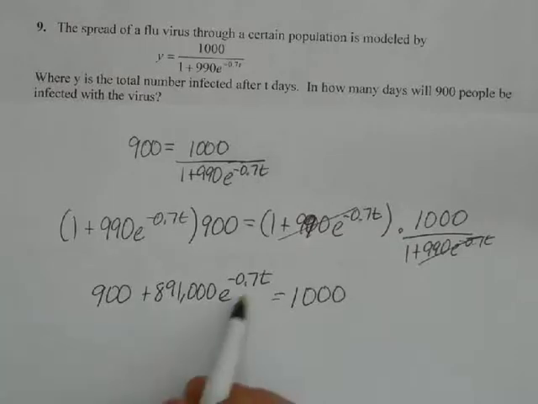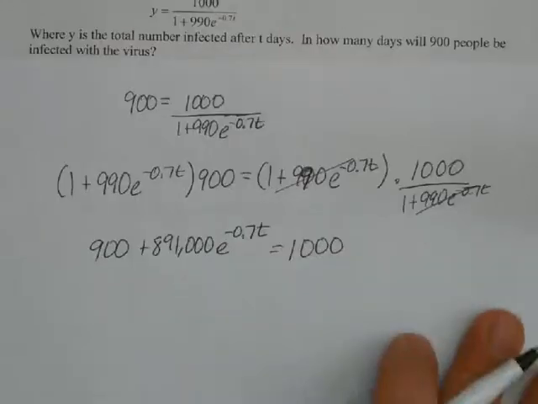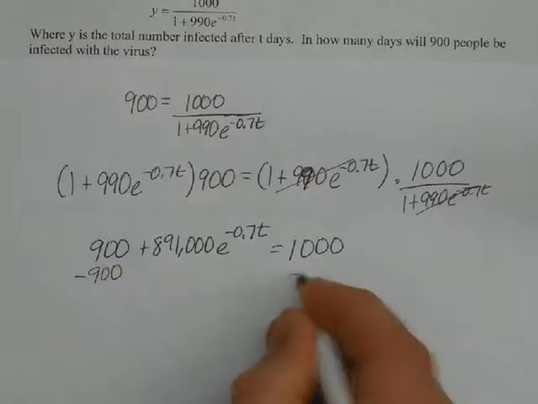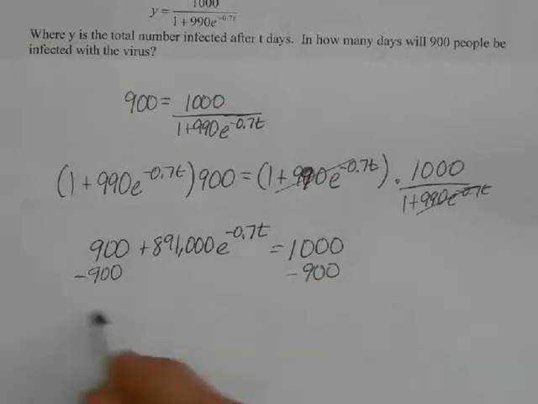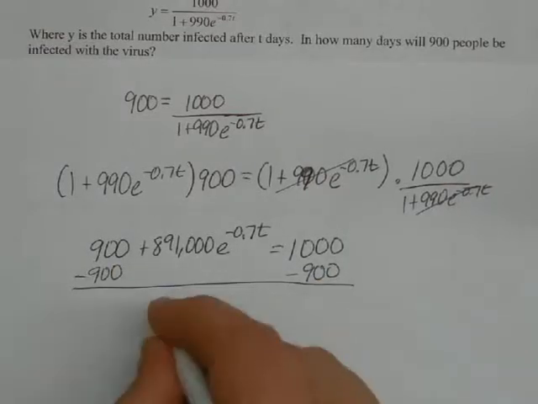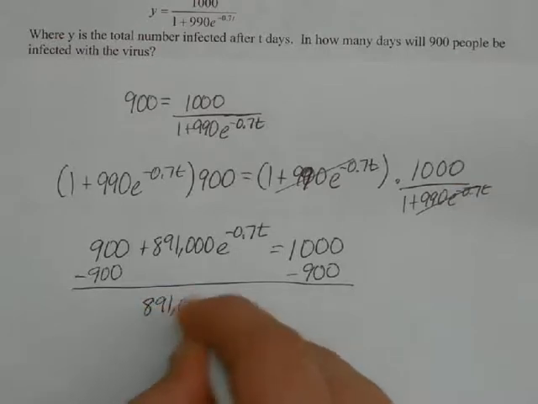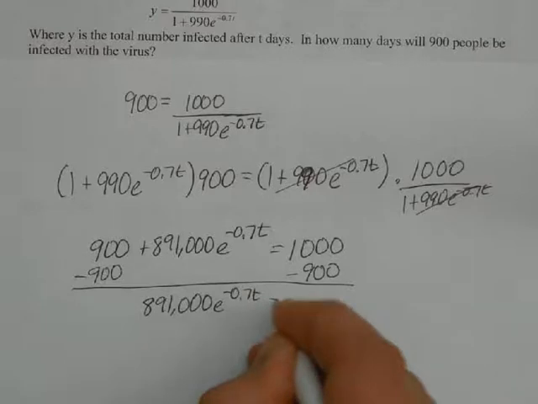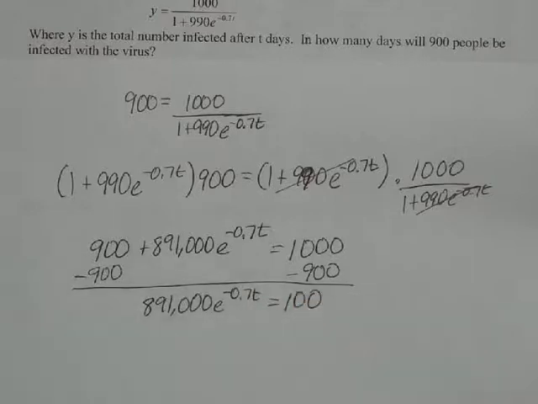So to solve for t, we first need to get the exponential by itself. So I'm going to subtract 900 from both sides. And then divide both sides by 891,000.